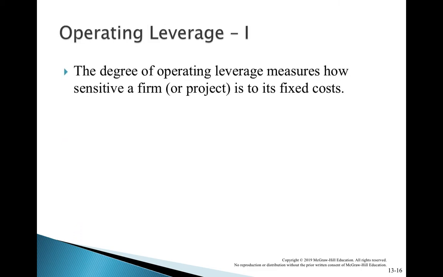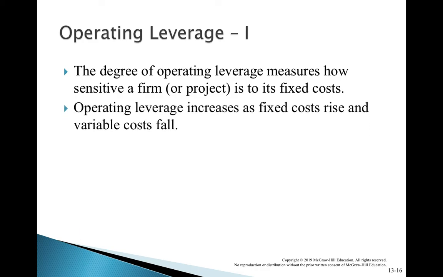The degree of operating leverage measures how sensitive a firm is to its fixed costs. So, operating leverage increases as fixed costs rise and variable costs fall. Always remember, as we have also discussed in the previous slide, operating leverage arises because of high fixed cost, low variable cost.